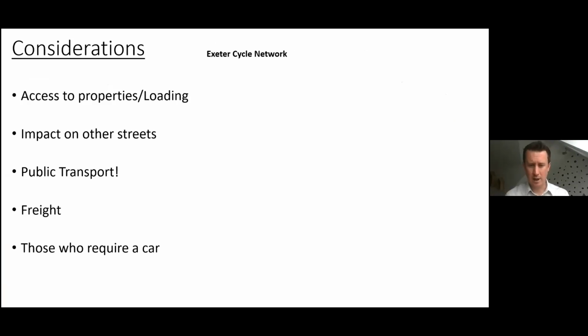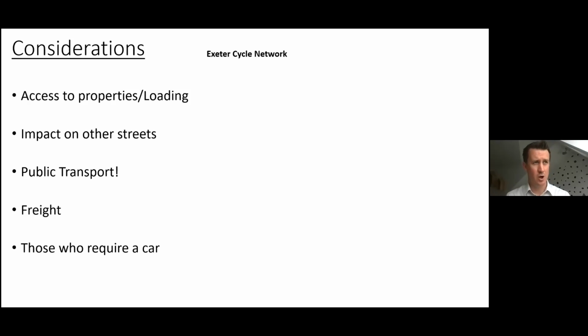But obviously, there's things to consider. In these instances, just by using point closures, we still maintained access to properties. It just meant they might have had a slightly longer journey. And you do need to retain access to properties and loading, particularly for retail premises. If you are going to close a street, what's the impact on other neighbouring streets?